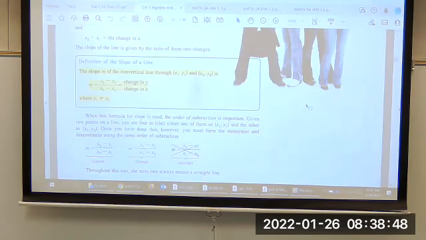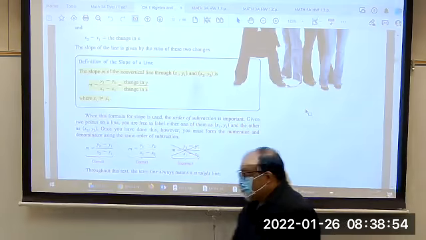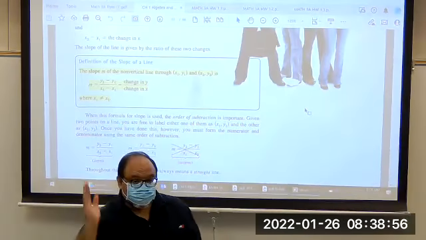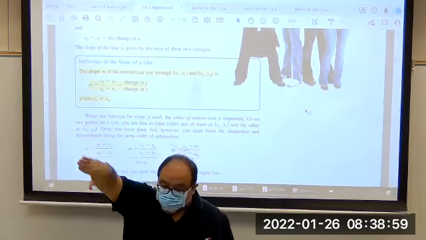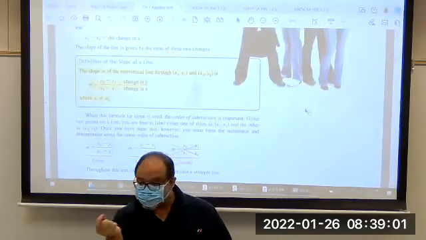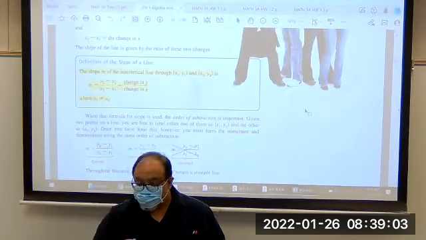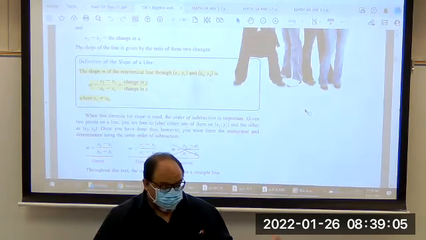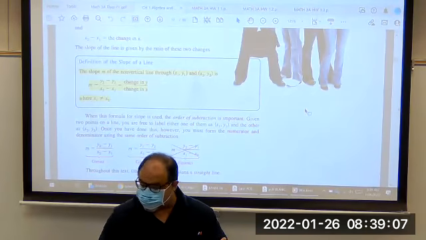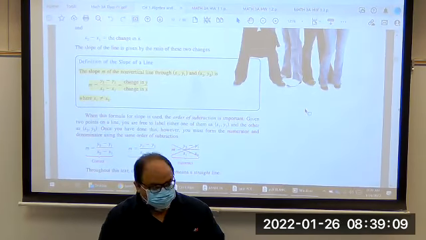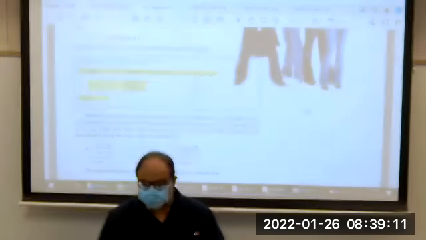If it changes from increasing to decreasing, it reaches a maximum value. If it changes from decreasing to increasing, it reaches a minimum, which is the bottom. That's the whole purpose in business, in physics, in medicine.